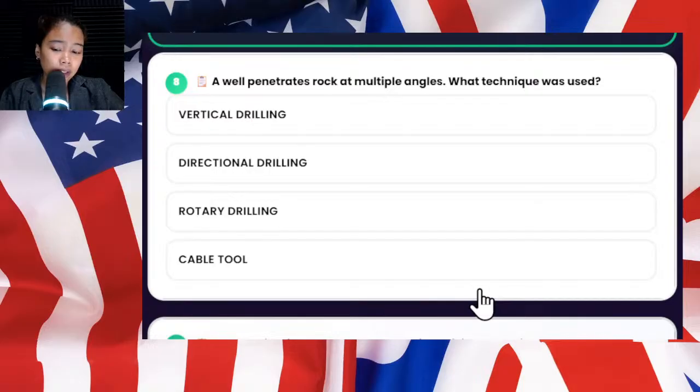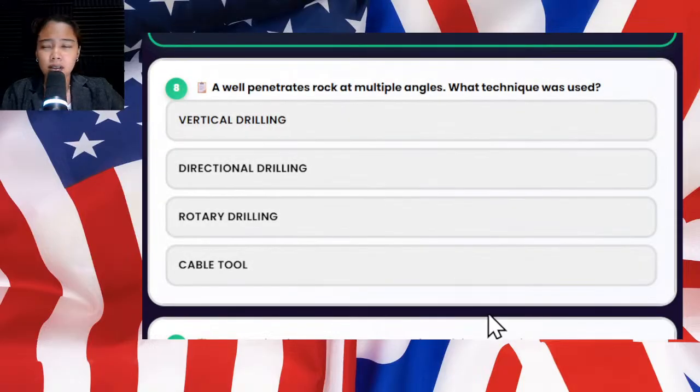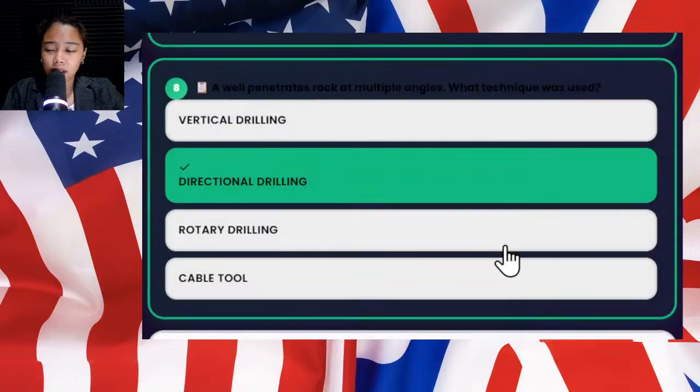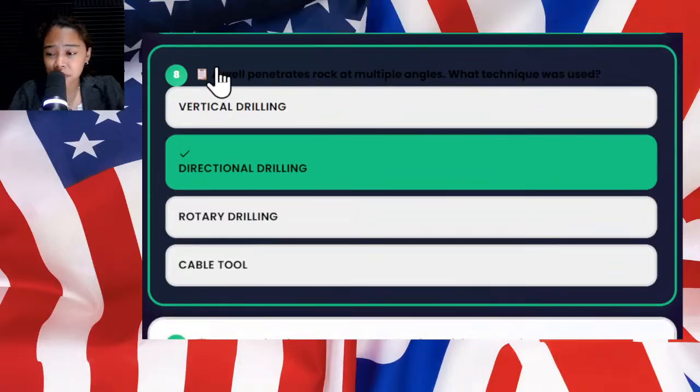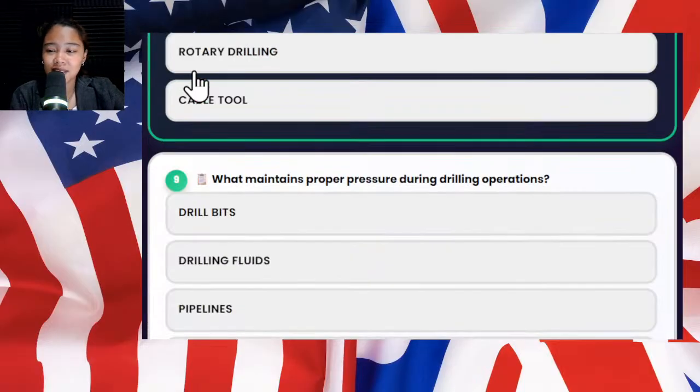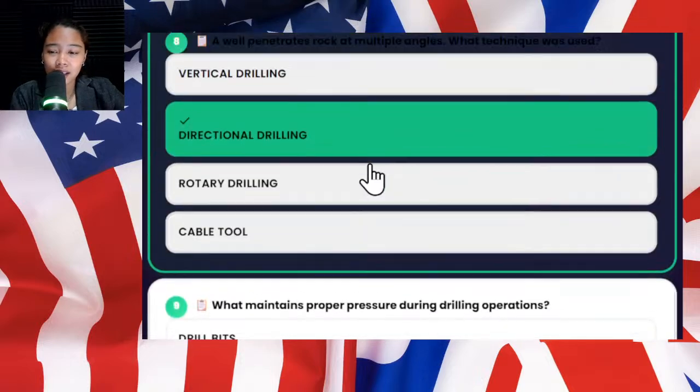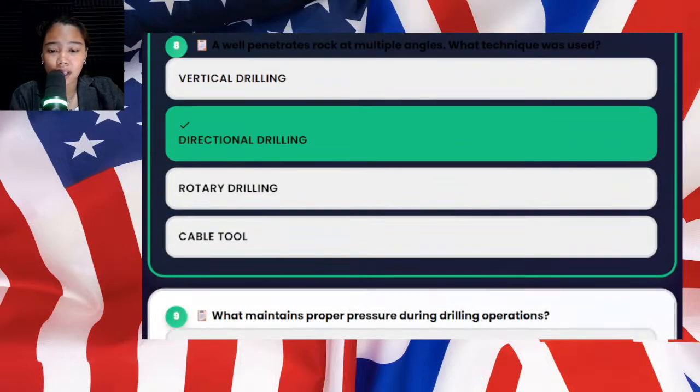The only term that was included in the discussion is directional drilling. Remember, directional drilling provides flexible drilling because it's not just going straight down, but it can also move sideways. So that is directional drilling.